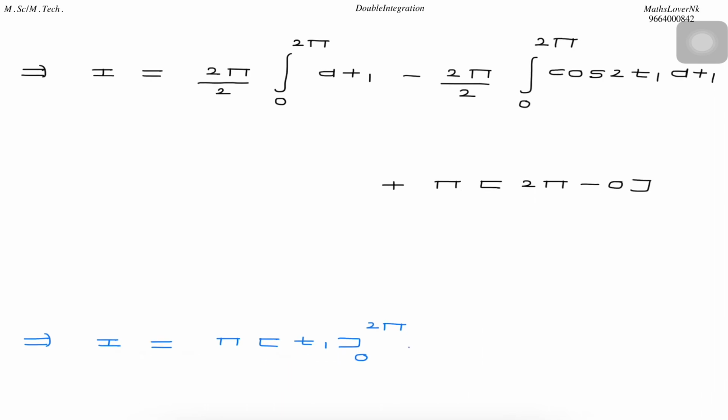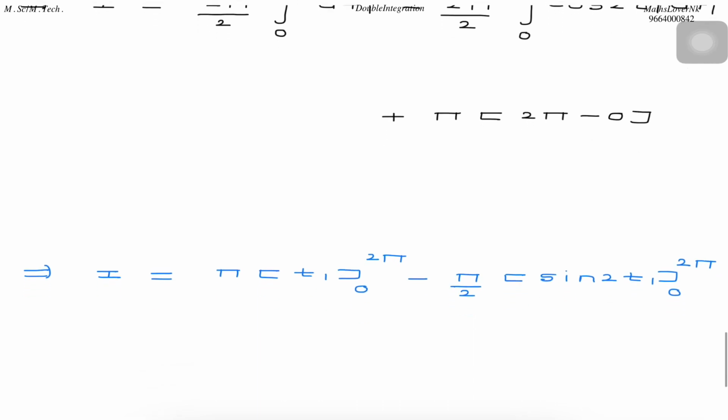We know that the integration of cos 2 theta is equal to sin 2 theta upon 2. So write down pi by 2 sin 2 t1, 0 to 2 pi, plus 2 pi square.